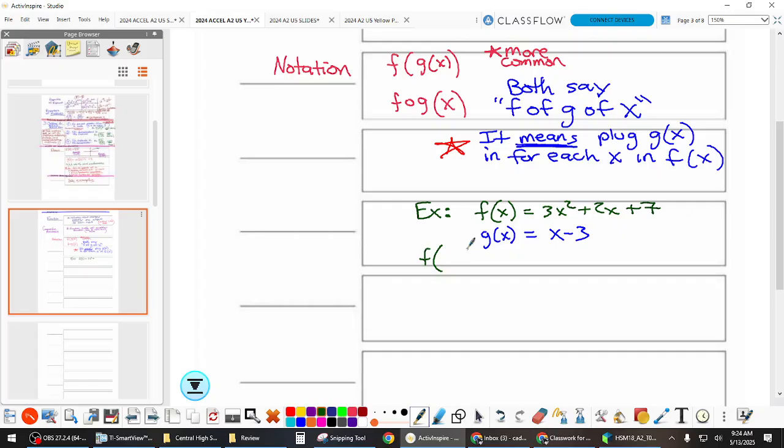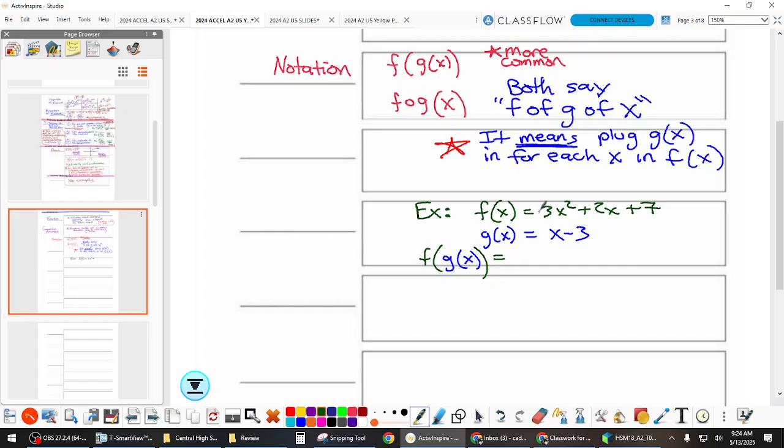F of g of x. So what did we just write? Plug x minus 3 in for x. Okay. So here's how I want you to do this. It makes it much easier. Everybody pause your writing and just watch for a second.